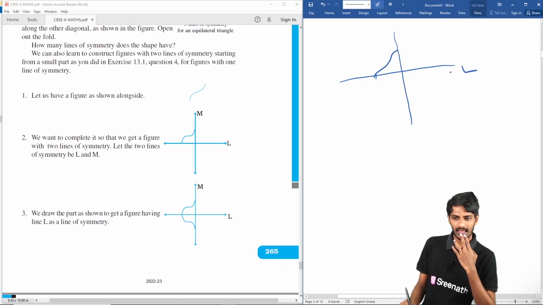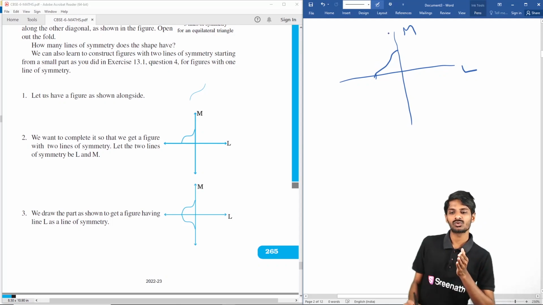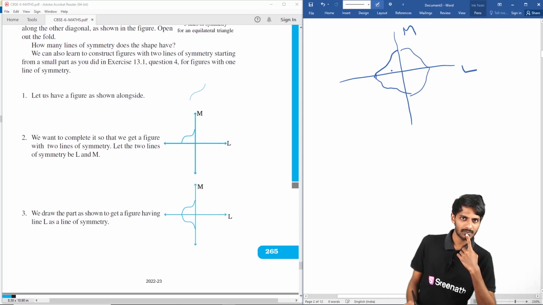It is the line L and it is the line M. Okay, students, after completing it, taking L as a line of symmetry, fold it on paper or try to construct how this side looks. Now, taking M as the line of symmetry, fold it or try to see how it looks. So it is another line of symmetry. So if you finally see this image, it has 2 lines of symmetry.